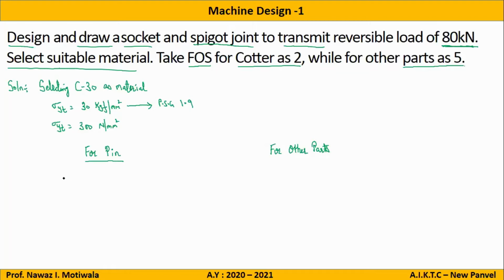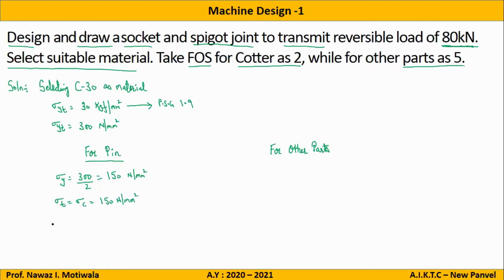So for pin it is given to take FOS 2. So sigma y is equal to 300 by 2, which is equal to 150 newton per mm square. So that means sigma t is also equal to sigma c, which is equal to 150 newton per mm square.